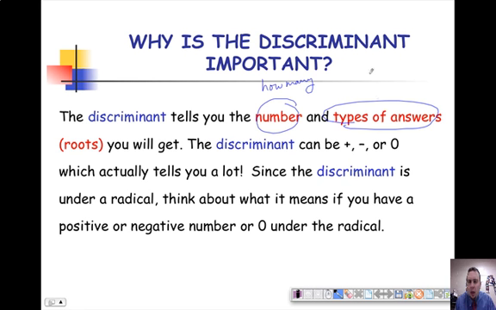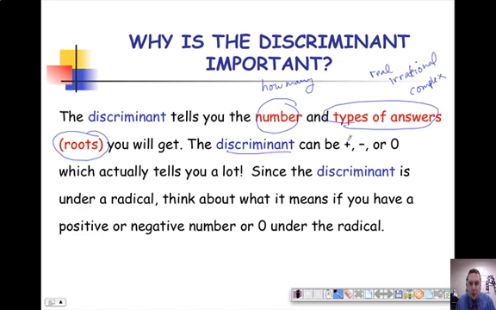You could get real, rational, irrational, imaginary or complex numbers as answers. How many answers? You could get one answer, no answer, two answers. Types of answers means the roots; those two are the same thing.